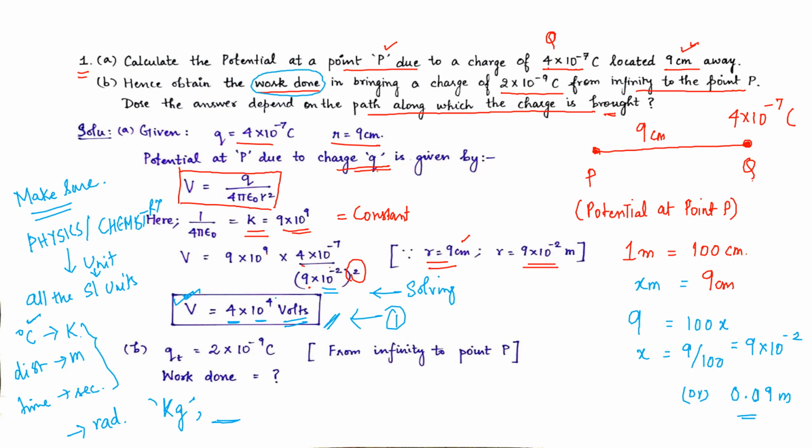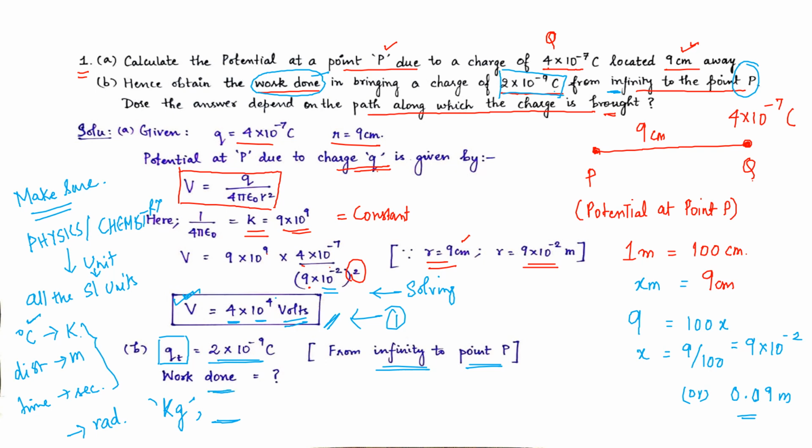Now they are asking us to obtain the work done for the given potential, and for finding the work done we are bringing a charge of 2 into 10 to the power minus 9 coulomb from infinity to the point P. So here test charge Qt is 2 into 10 to the power minus 9 coulomb, and it is being brought from infinity to point P.